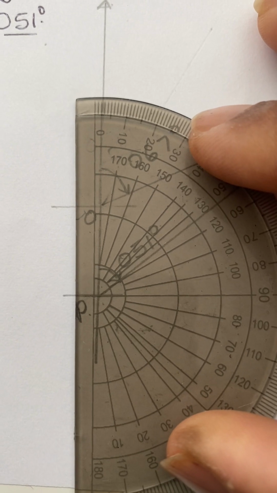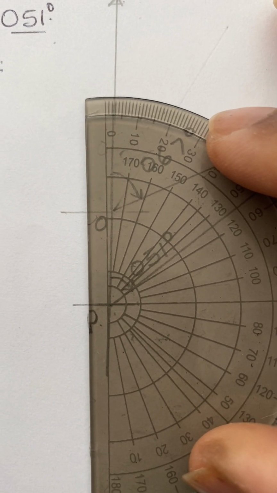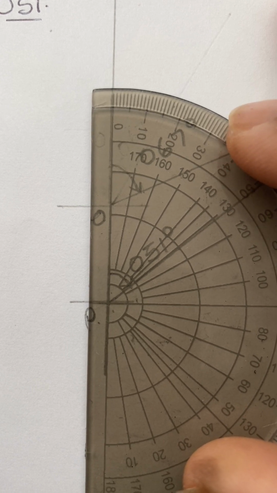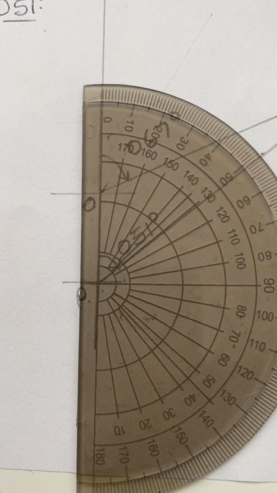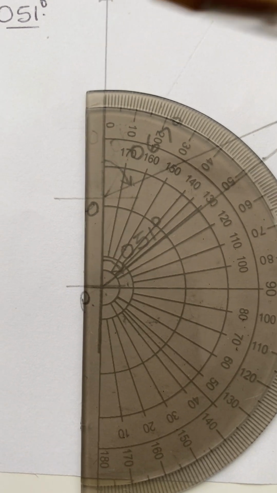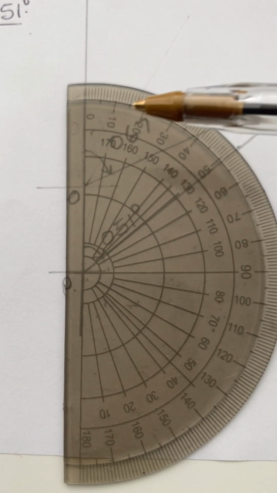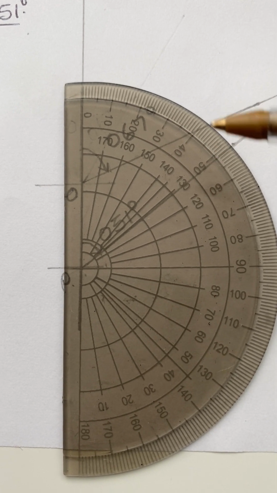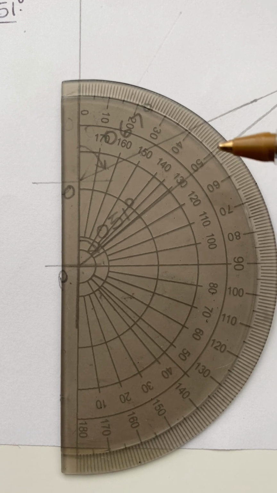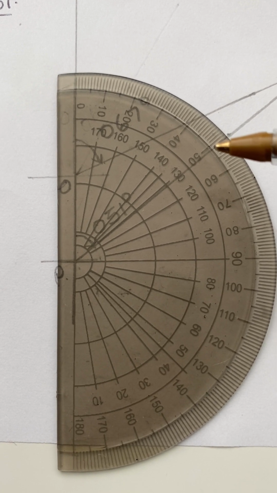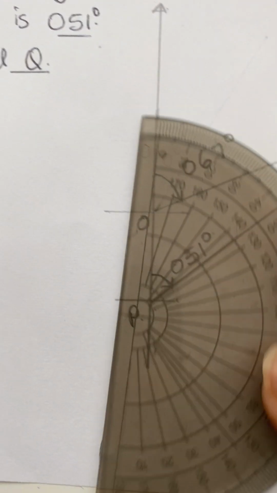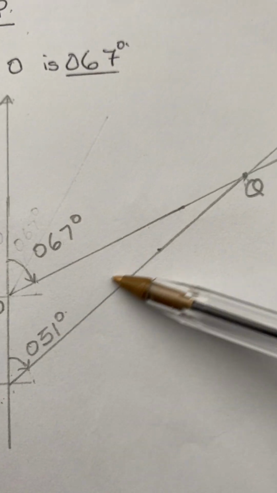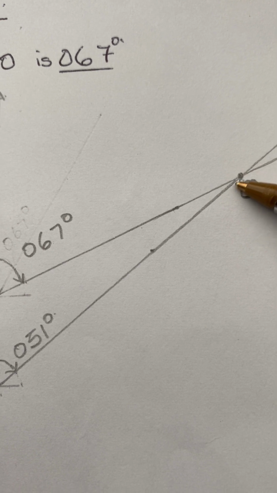So here again, if you look at it, 051, so 10, 20, 30, 40, 50, so about 51. Okay, so now we have two lines, and where they intersect will be our point Q.